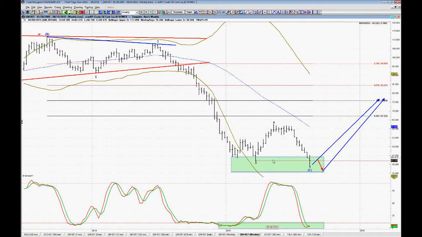The height of the wave, the point movement, is relatively equal. The path of wave 2 and wave 4 are different. And that rule of Elliott is called the rule of alternation. Wave 2 and 4 alternate in complexity.